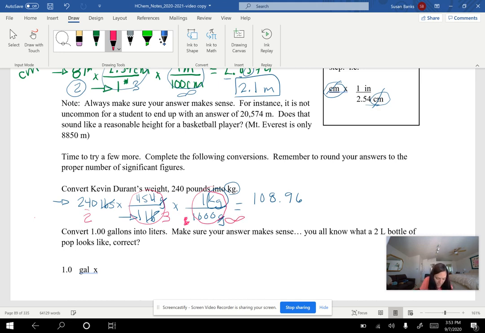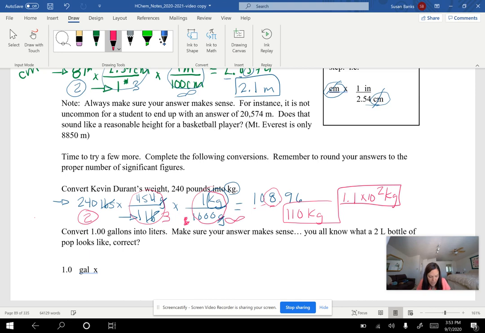Okay, so I can really only report 2 digits. So 1, 2, that 8 tells me to round up. So I'm going to report this as 110 kilograms. I could also write it as 1.1 times 10 to the 2 kilograms. Either one of these answers would work.